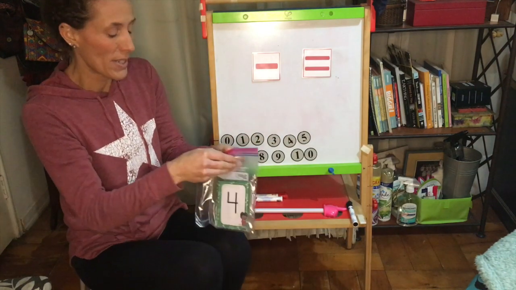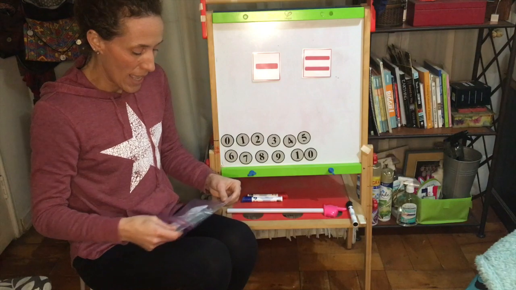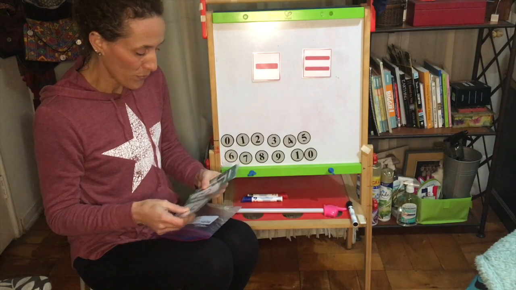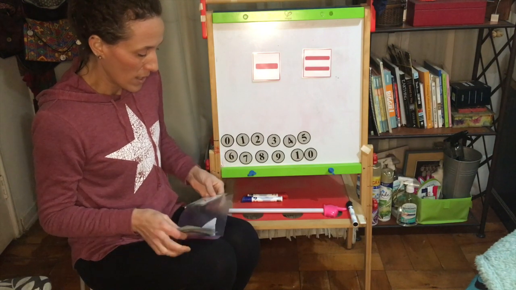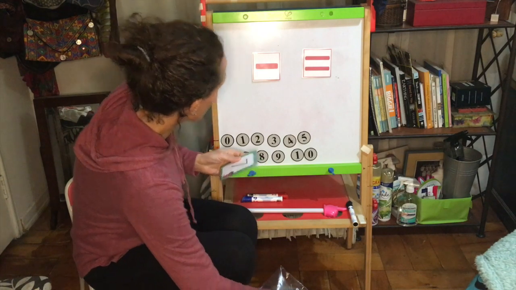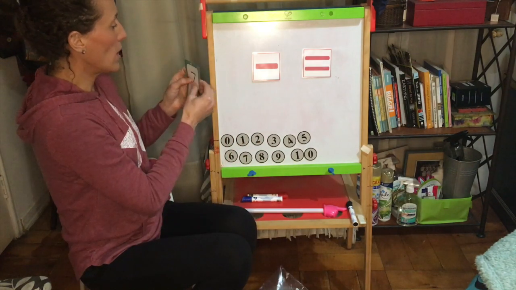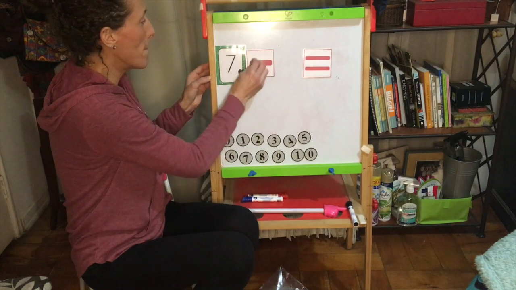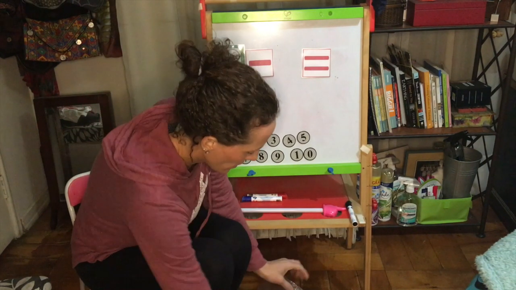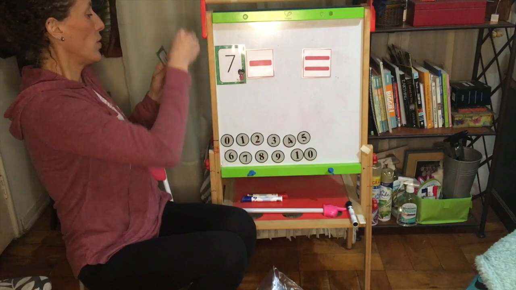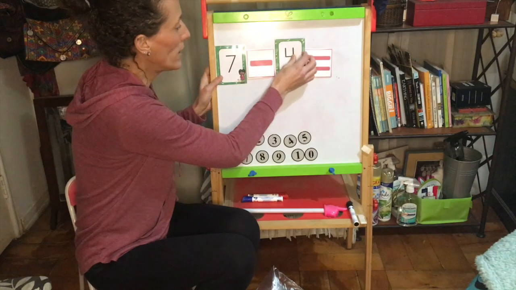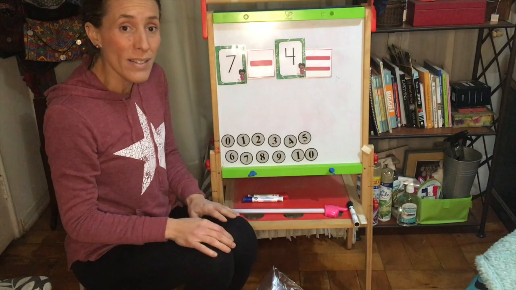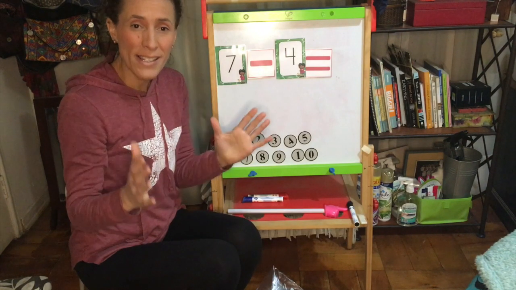So with my numbers that I have here, I'm going to choose to make a subtraction equation. I'm going to say 7 minus 4 equals. So what are they asking?